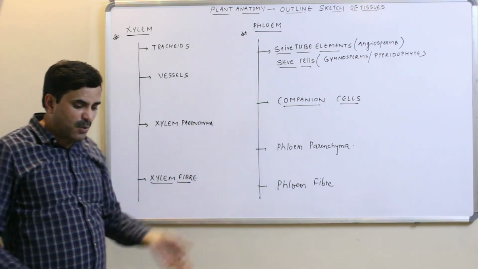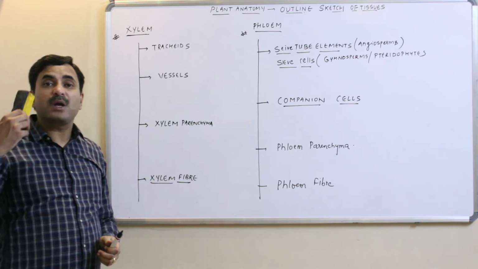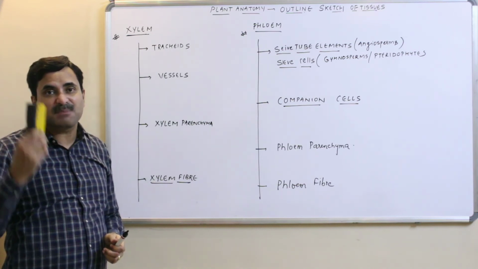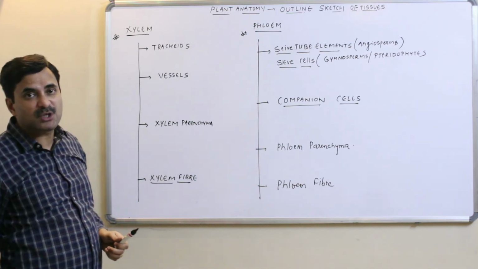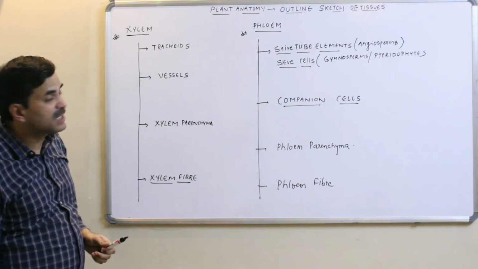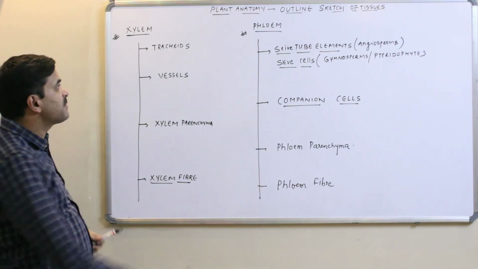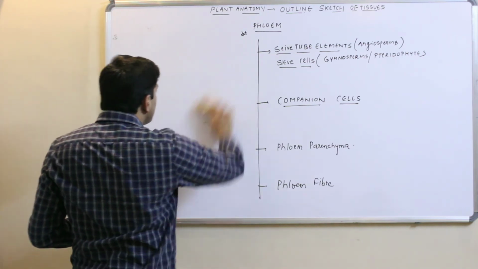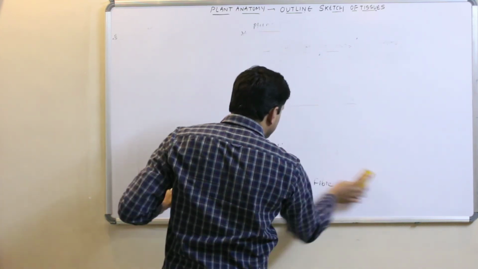Alright. And now, in extreme cases, there is one more type of tissue. Until now you have studied the simple tissue and the permanent tissue, but there is one more special type of tissue which must also be discussed here, and that is known as the secretory tissue or the specialized tissue.